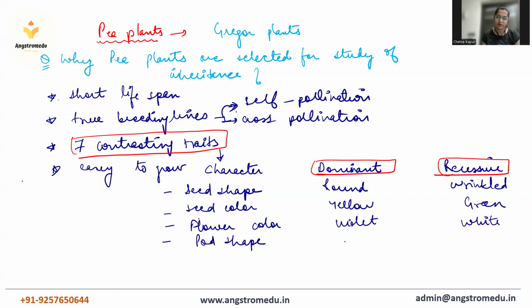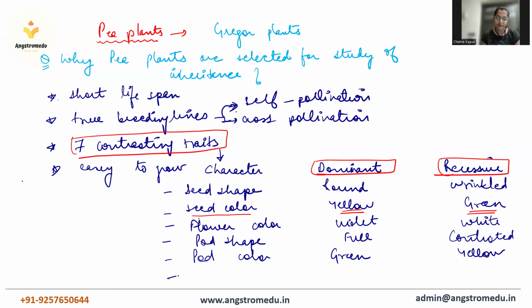In pod shape, full is dominant over constricted. Next is the pod color. Here the question arises because in seed color, yellow is dominant over green, but the opposite is true for pod color. In this, green is usually dominant over yellow.